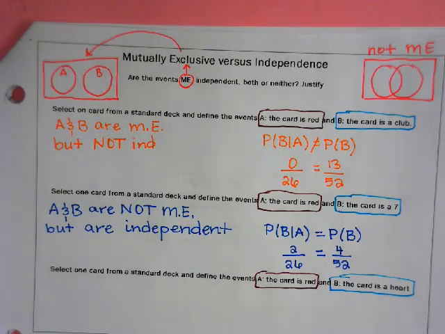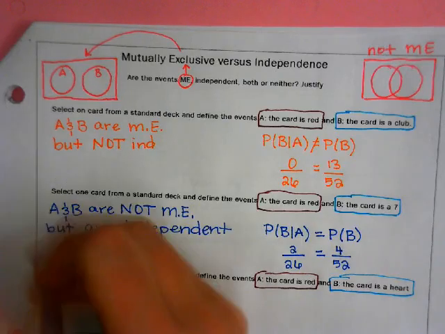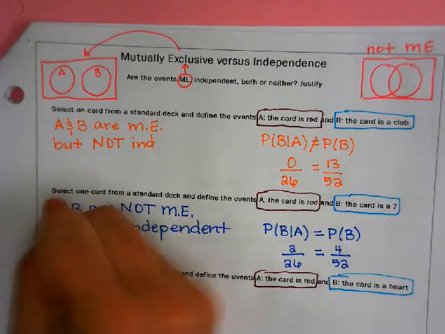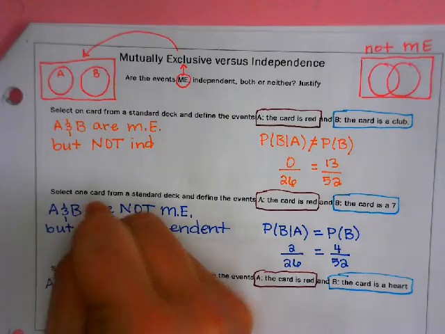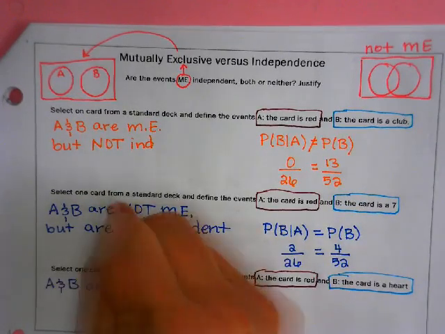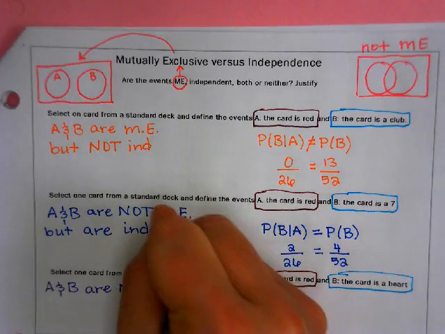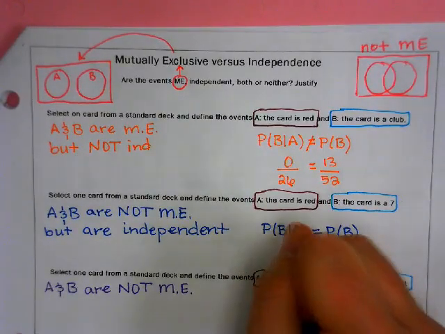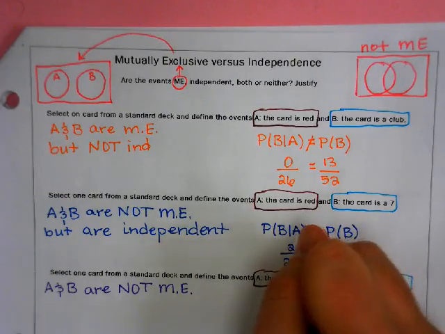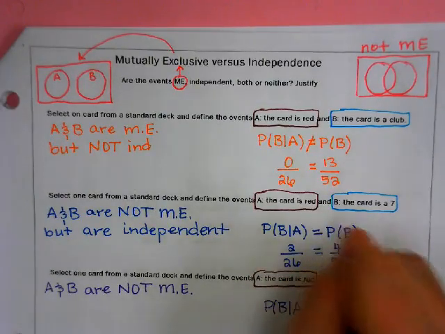And then we want to see if they're independent. So is the probability of B given A the same as the probability of B? Let's start with the simpler one, probability of B. What's the probability that my card is a heart? 13 out of 52.